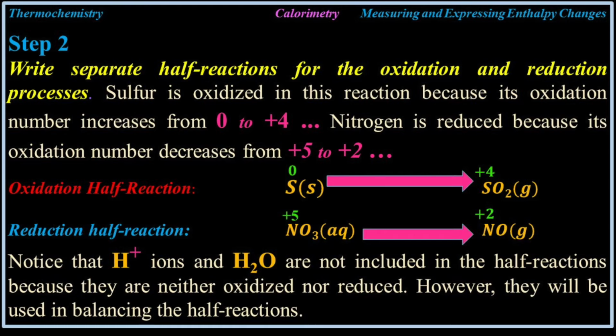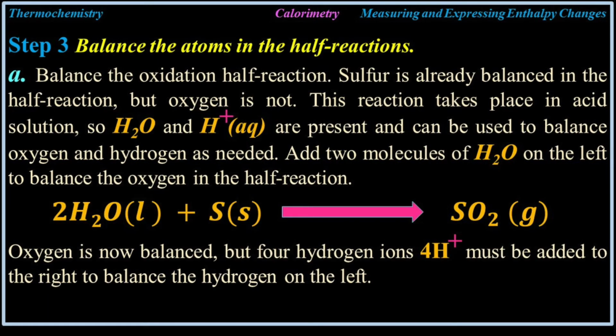The reduction reaction is the nitrogen from nitrate going to nitrogen monoxide. Notice that H plus ions and water are not included in the half reactions because they are neither oxidized nor reduced. However, they will be used in balancing the half reactions. That's a little confusing, but just wait to see what happens.